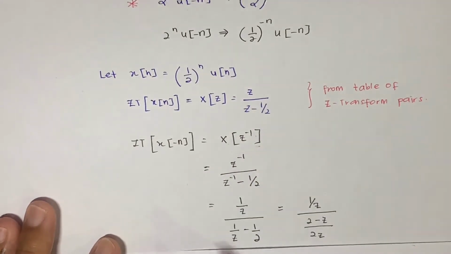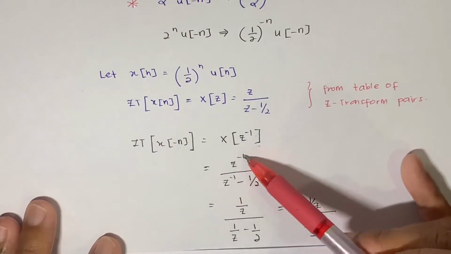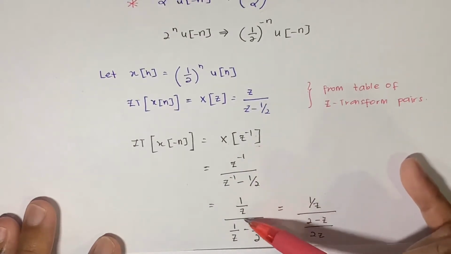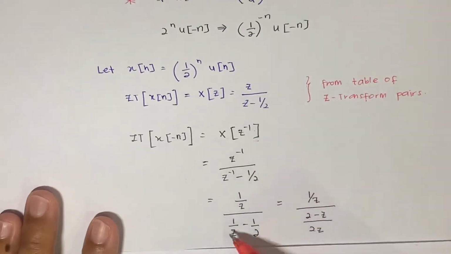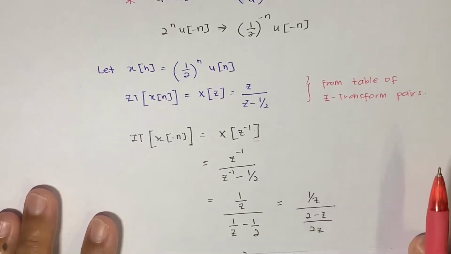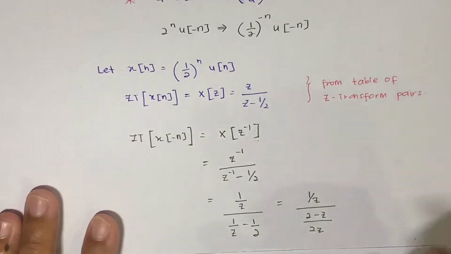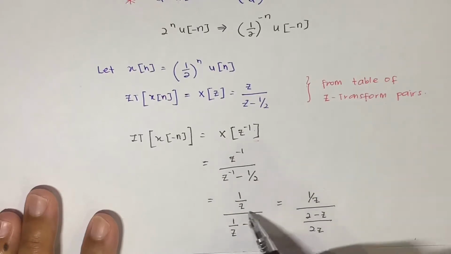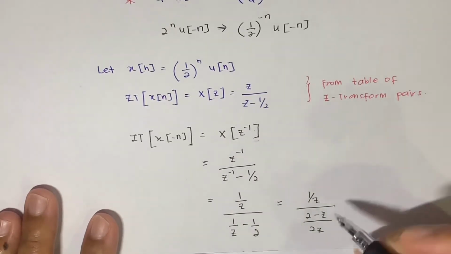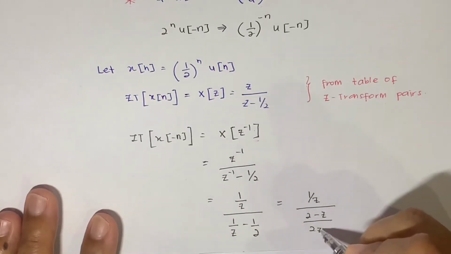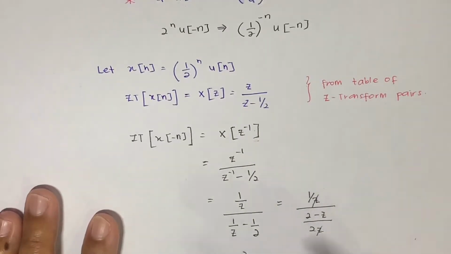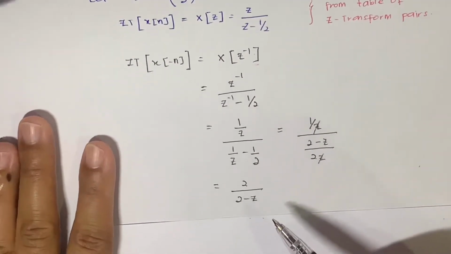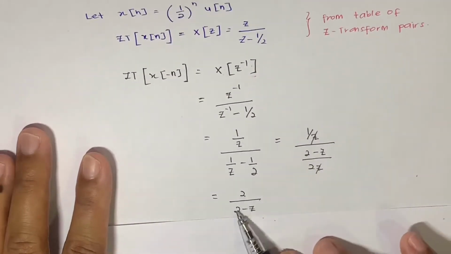And then we just rearrange z^-1 to 1 over z, over 1 over z minus 1 over 2. And then cross multiply this one, you will get like this, and can remove the z. At the end, you will get 2 over 2 minus z.